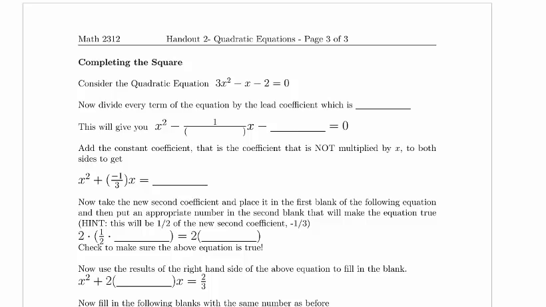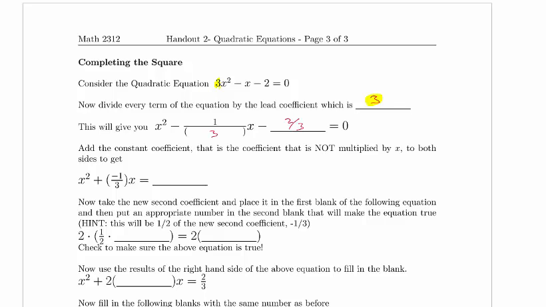Now divide every term of the equation by the lead coefficient, which is 3. Right, there it is. That's what we're looking for. This will give you x squared minus 1 over 3 minus 2/3. Okay?